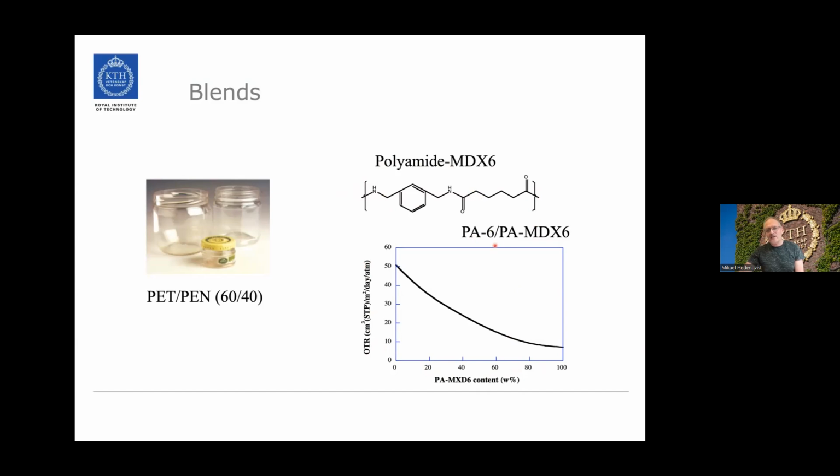This polymer is polyamide 6. So this is obviously a more steric or more stiff unit than the polyamide 6 chain. So blending here reduces the permeability.